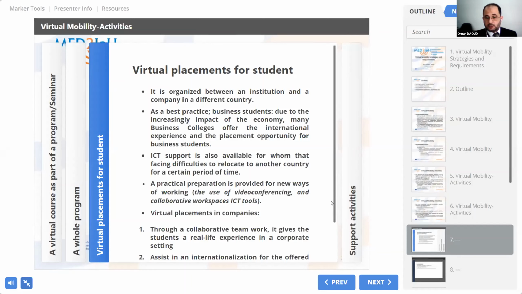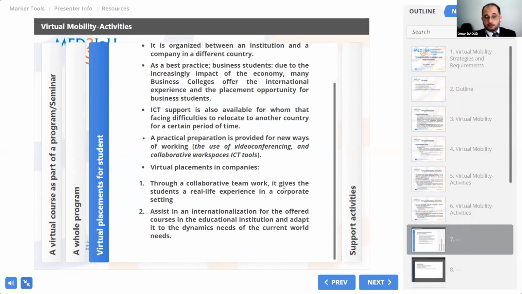Practical preparation is provided for new ways of working, such as the use of video conferencing and collaborative workspace from the ICT tools. Also, virtual placement in companies could be either collaborative or assisted in internationalization for offered courses in the educational institution.